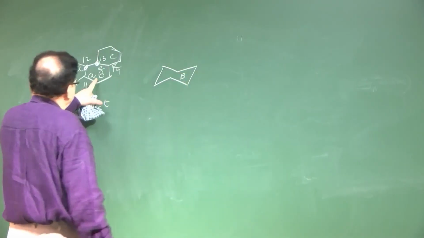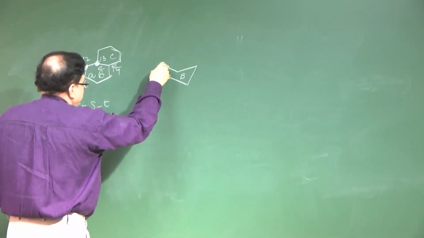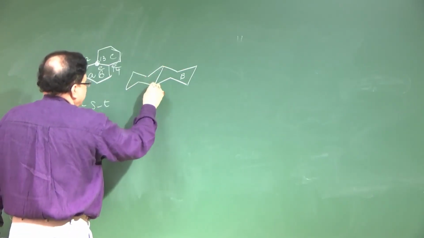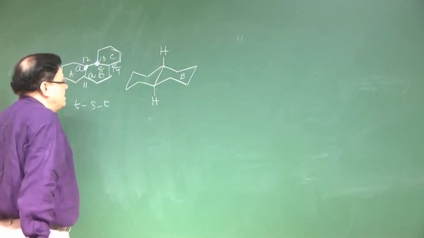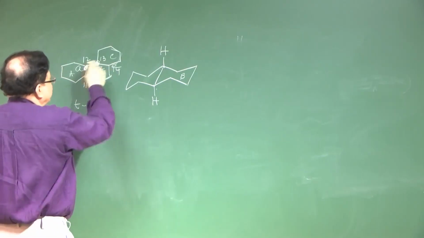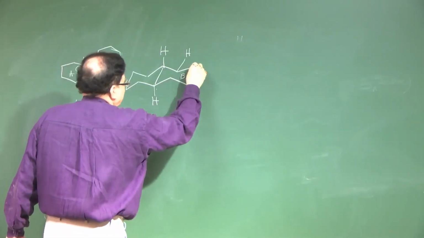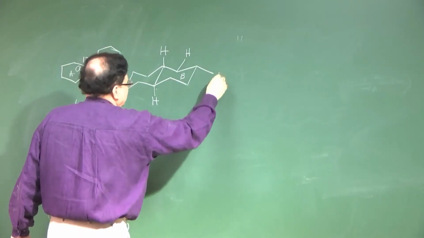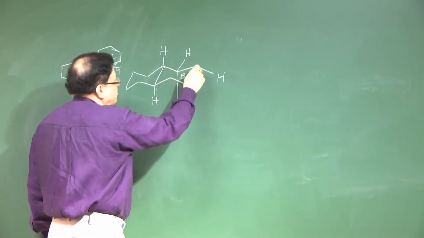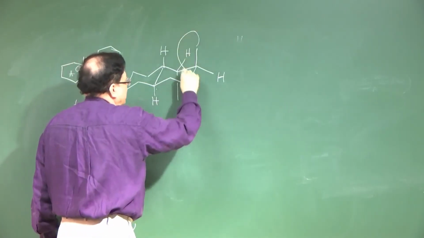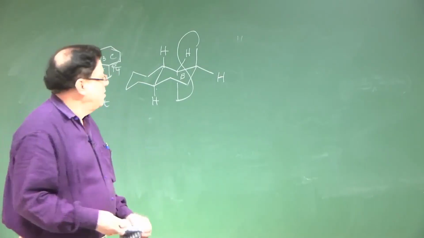If you put the B ring in the chair form and then this is your A ring, so hydrogen 11, this is hydrogen 12 beta, and then your 13 hydrogen is equatorial. So, this will be here and this is the equatorial, that will be there, and now you have to complete the ring from these two, which is not possible. Okay. This is not possible, the ring cannot be completed.